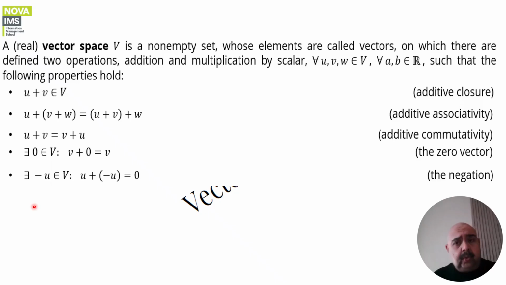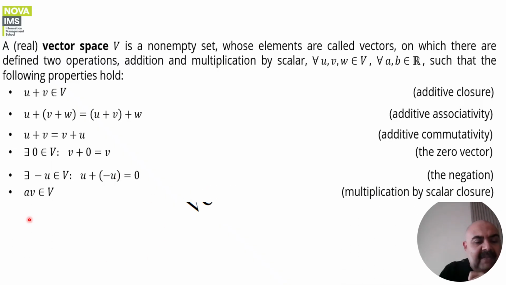If I have the vector 1, 2, 3, I should have the vector negative 1, negative 2, negative 3. Once you add them together, you will get the null vector. Those are the conditions that should be found in order to have addition closure. A failure in any of these properties means it is not a vector space.